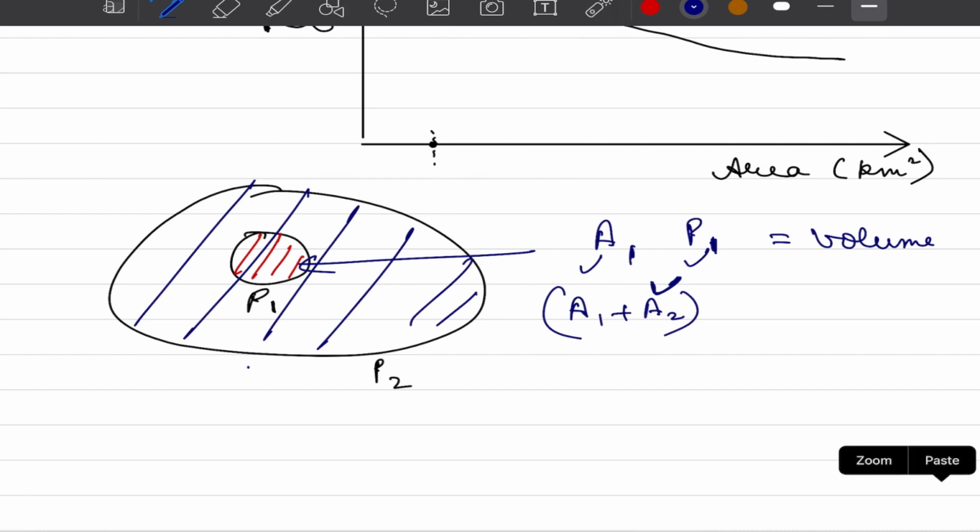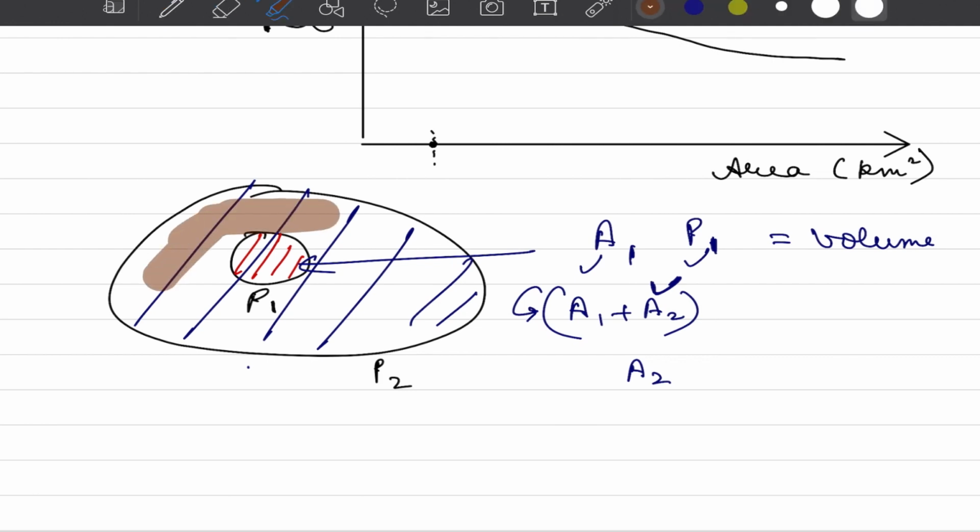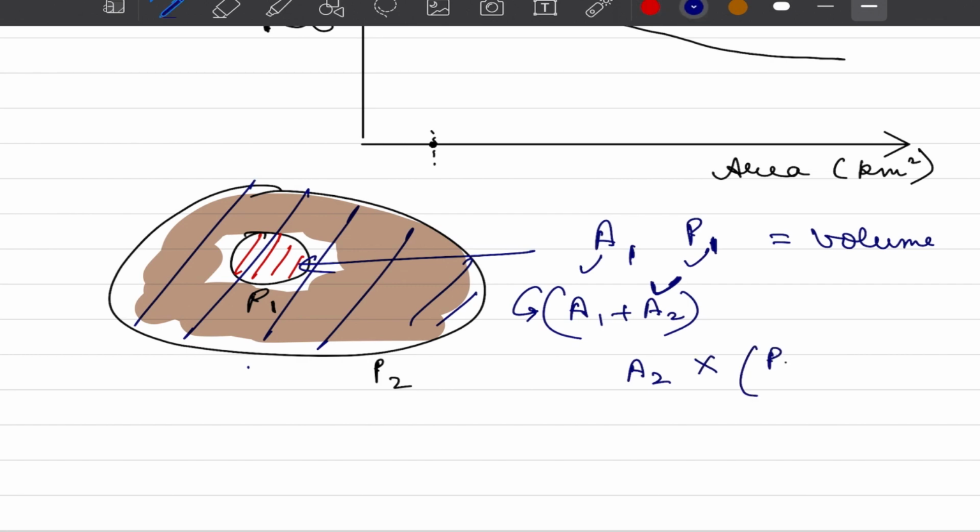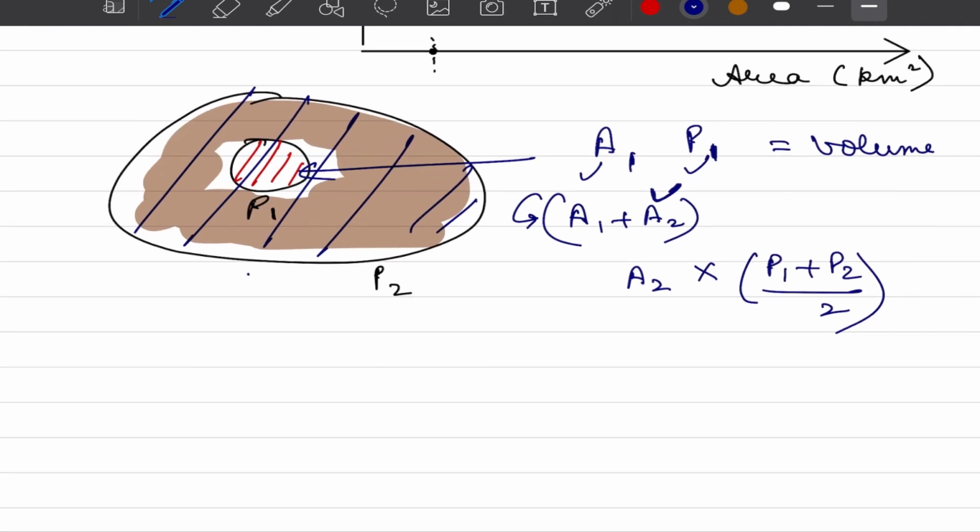So we just focus on A2 by removing A1, which represents the area outside the inner circle, because we have already accounted for that using a different isohyet. And we multiply this with the average depth, P1 plus P2 divided by 2. So this is the volume of precipitation that has fallen into region 2.